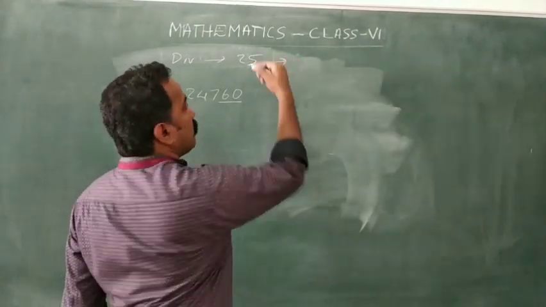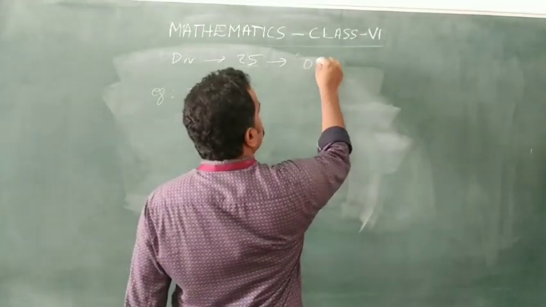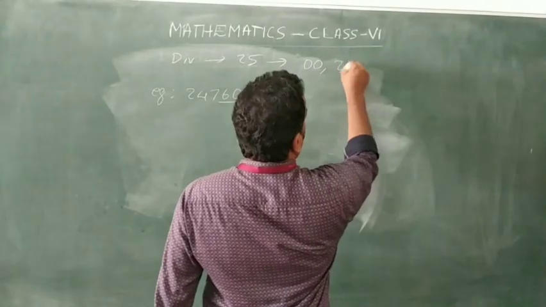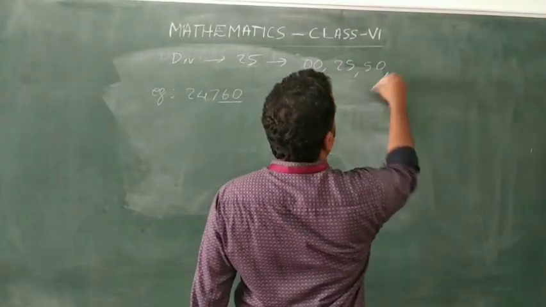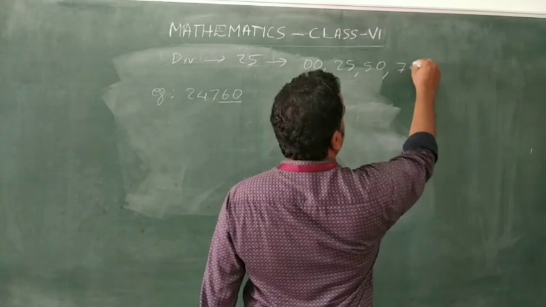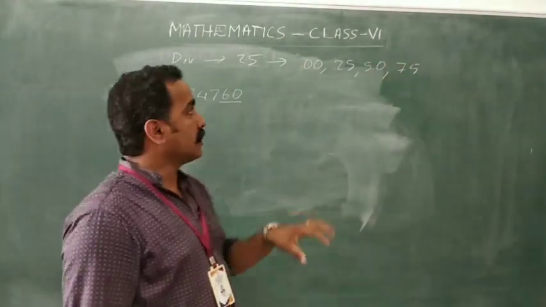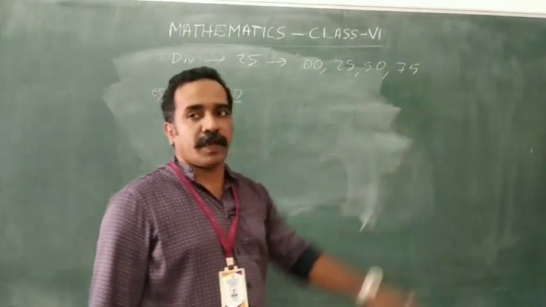If it is divisible by 25, the last two digits must be either 00, 25, 50 or 75. Any of these four combinations: 0 0, 2 5, 5 0 or 7 5.